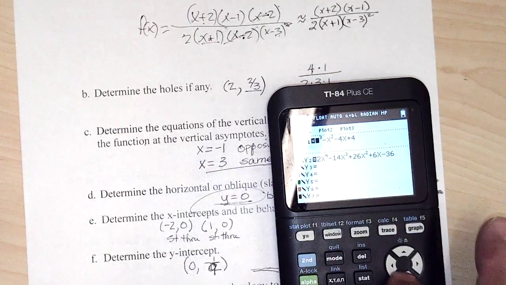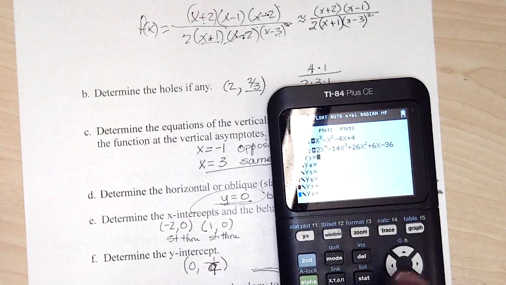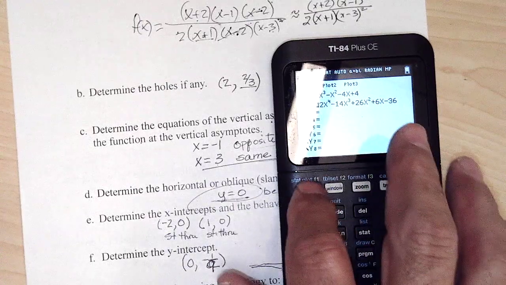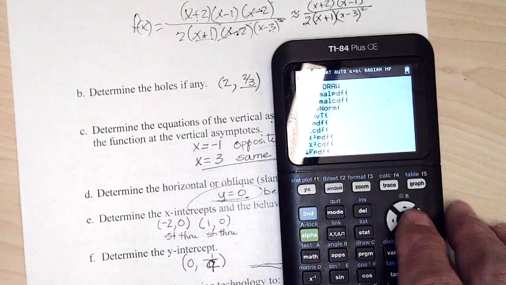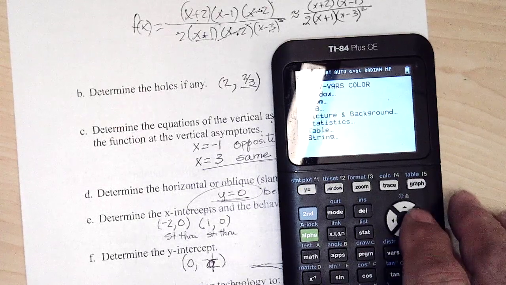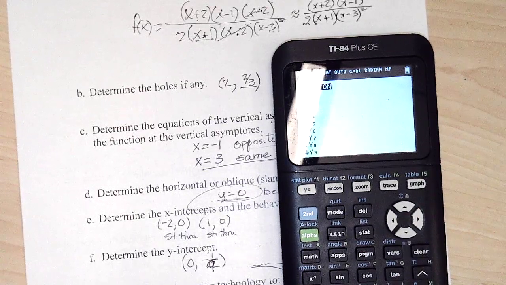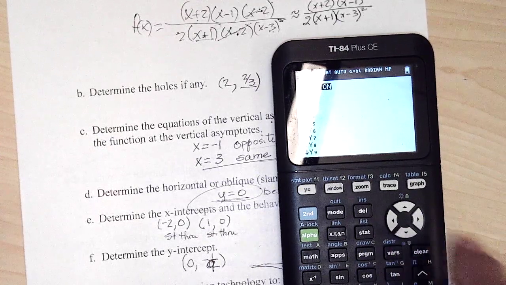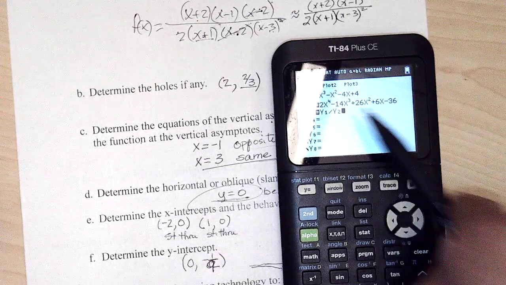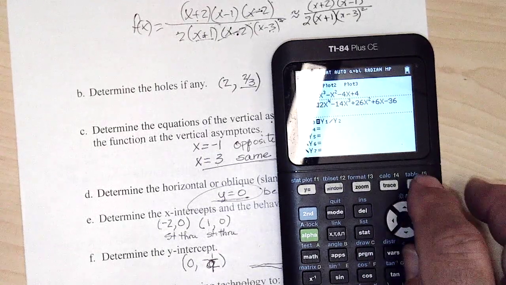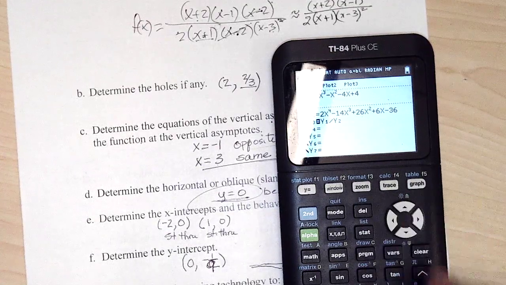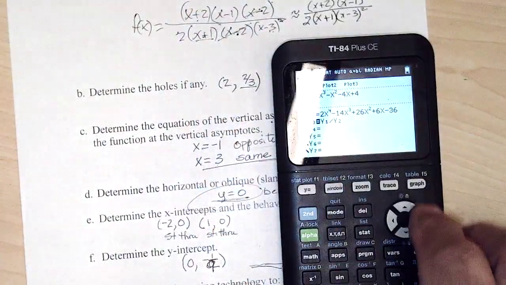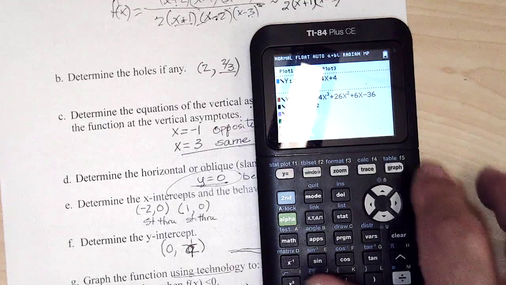On the calculator, we can do vars, not second vars, but vars, function y1 divided by vars, y2. Enter. And that will graph that. Now, I don't want to see these anymore, so I'm going to mute them so they're not showing. And now it'll show me this function, the original, this function here. So I'm going to push graph.